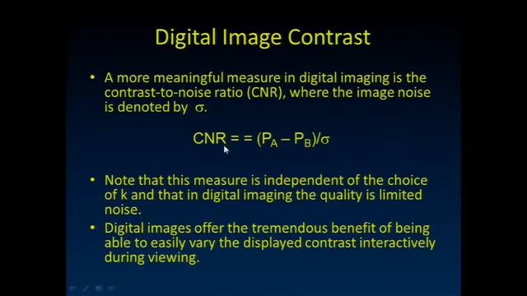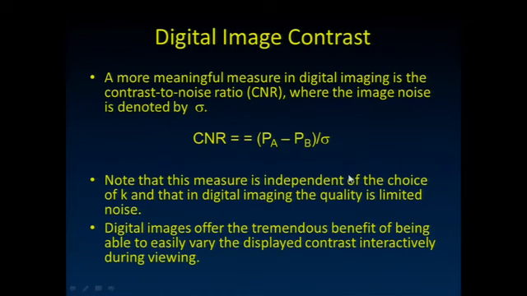Instead, we use this contrast to noise ratio, because if you make that K very close to PA so that you get your contrast to be what you want it to be, it accentuates the noise in the image. That's the problem that occurs when you do that. And so digital imaging tends to be noisy images. So this contrast to noise ratio is the difference between the property at pixel A and the background divided by the noise in the image.